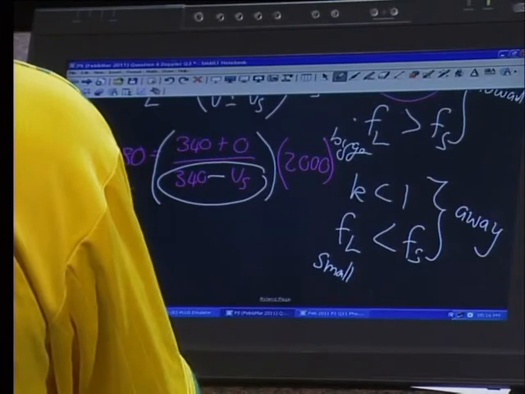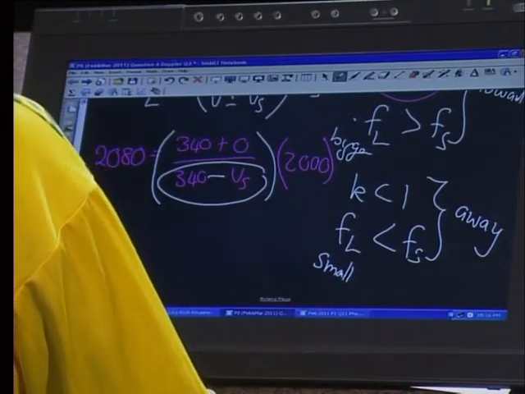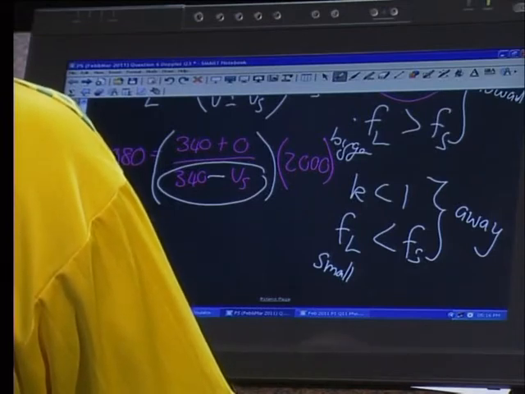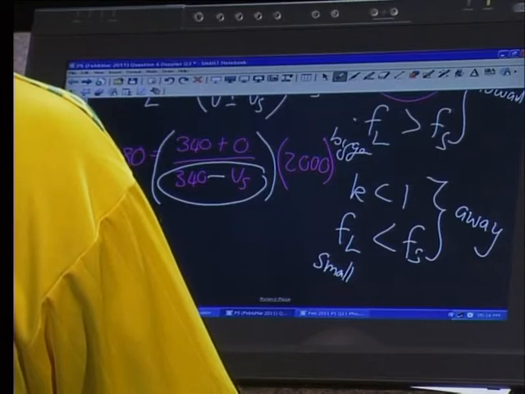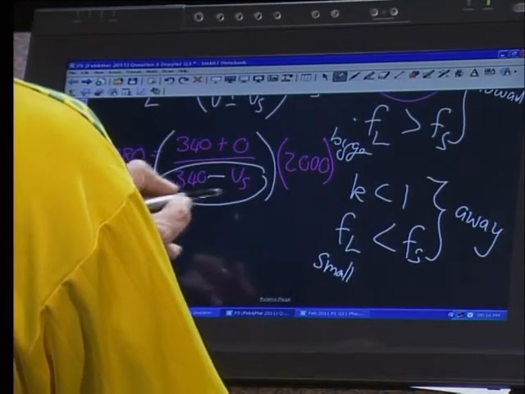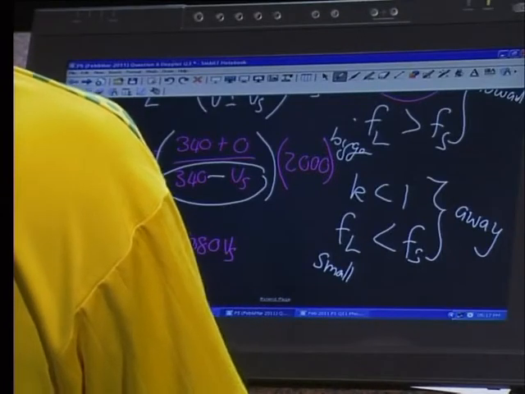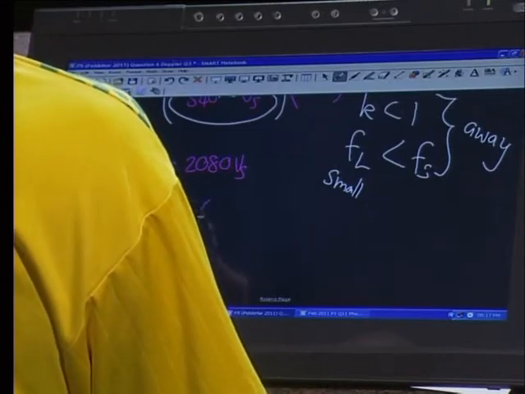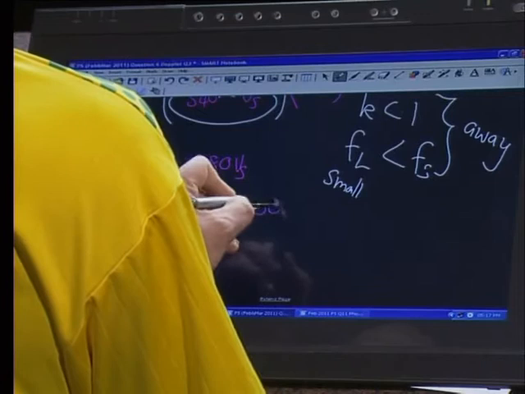So now if we do the substitution here, then what we'll find, and I'm just quickly going to do the algebra, is 70720. What I've done is I've multiplied both sides by 340 minus VS, minus 2080 VS, and I'm going to say, guys, that's equal to this value, 680000.